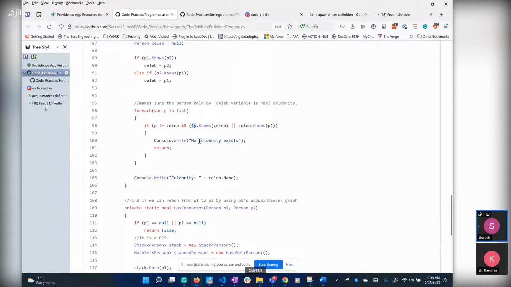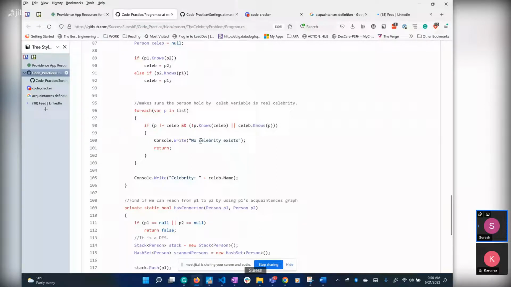Or if the celebrity knows any of the people in the list, then no celebrity exists in the party. Here P1 knows P2, and P2 doesn't know P1, but P2 shouldn't know anybody either.